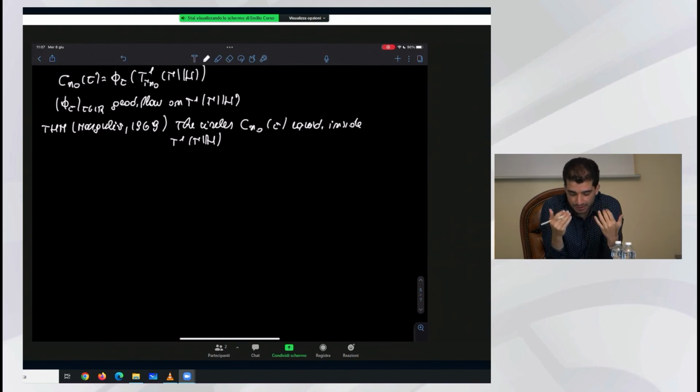As I mentioned, the result is non-effective. It relies on some ingenious thickening trick that allows one to use the mixing properties of the geodesic flow on such quotients. Now, at the time when Margulis proved this result, effective mixing for the geodesic flow was not yet known. It was only shown later by Marina Ratner in 1987.